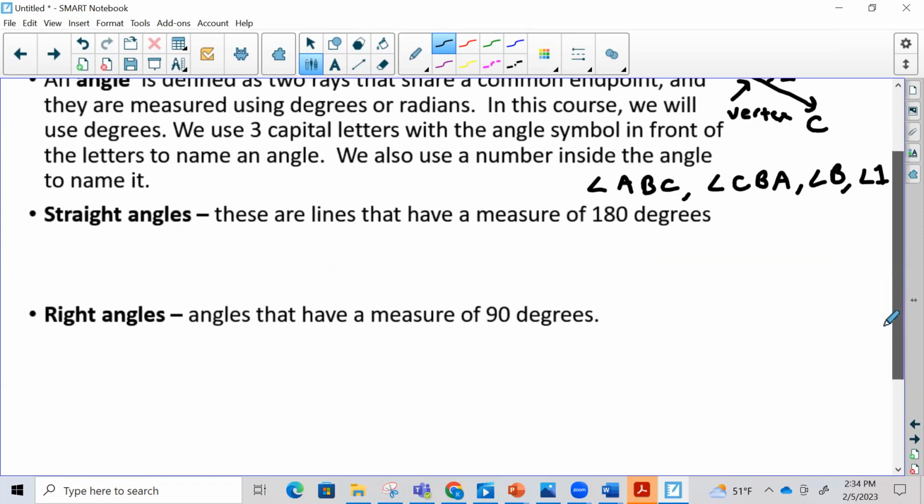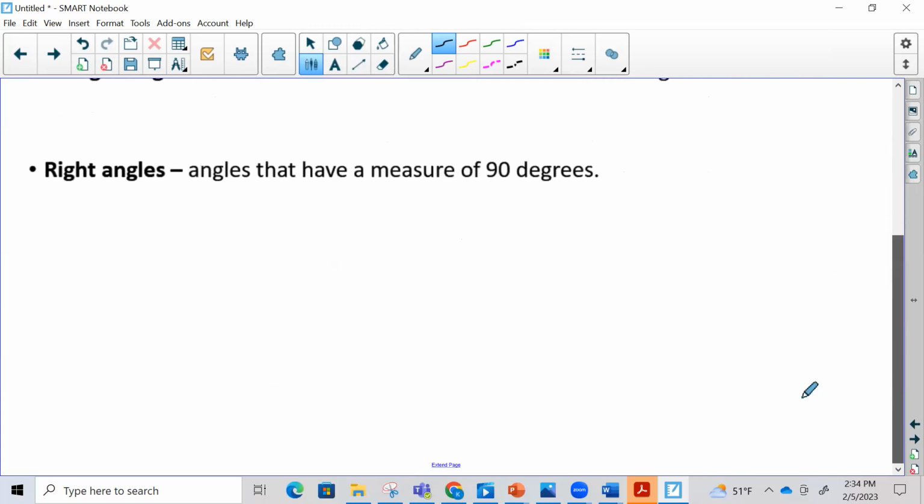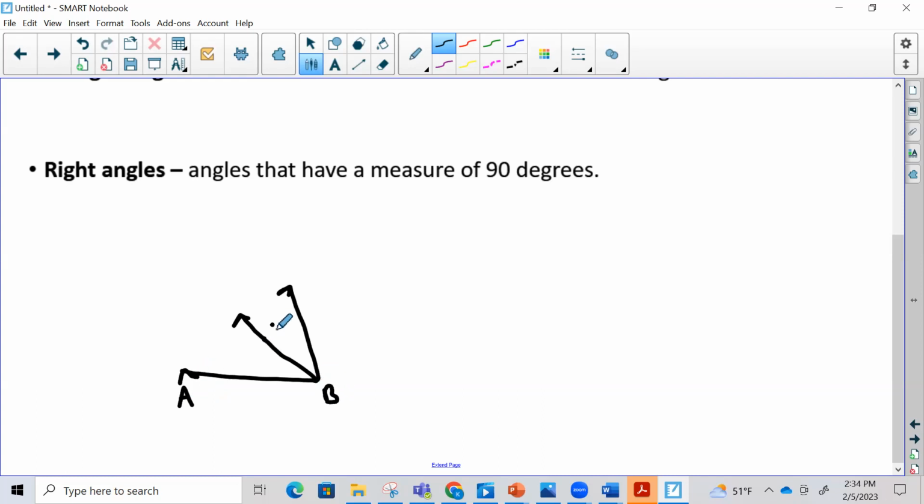Now, just as a side note, I'll draw something down here. If you have an angle, and then you have another ray inside of it that splits it into 2 different angles, and again I have my letters, you have to name these angles with 3 letters.